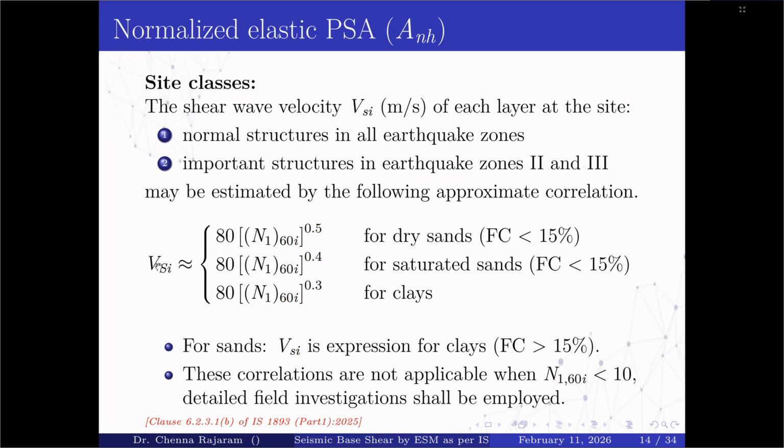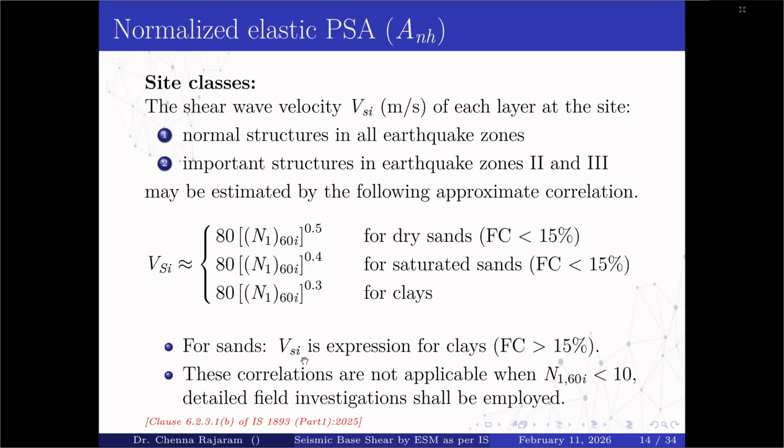The shear wave velocity values are obtained using the approximate correlation equations given in the IS 1893 code. VSI is approximately equal to 80 into N160I to the power of 0.5 for dry sands where the fines content is less than 15%, 80 into N160I to the power of 0.4 for saturated sands where FC is less than 15%, and 80 into N160I to the power of 0.3 for clays.